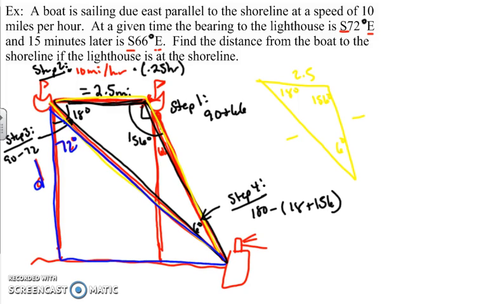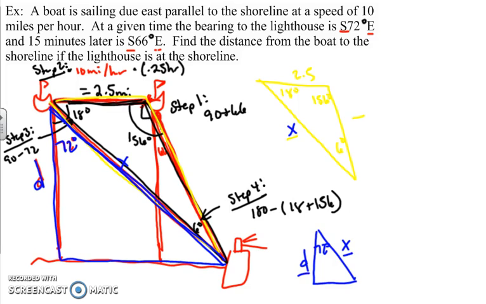If I was able to figure out another side on that triangle, then I could use SOHCAHTOA to figure out how long this distance was I'm looking for. But I noticed that both the yellow triangle and the blue triangle share this side. So I'm going to call that X. So that's my goal right now, is to figure out X, and if I know X, then I can figure out how big D is.